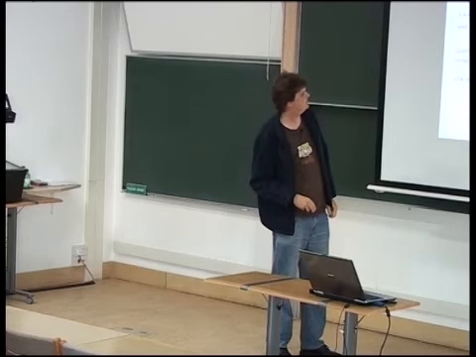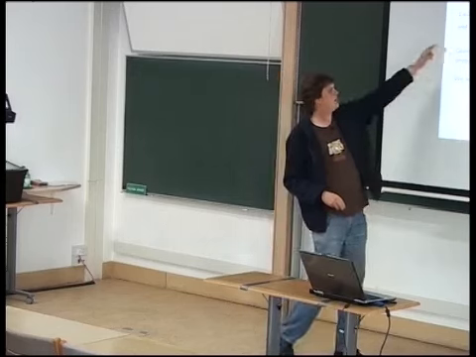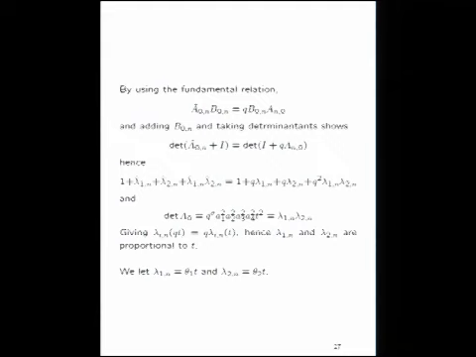So if I look at this fundamental relation and I add B naught, then I take the determinant of that problem, and I have this relation. This relation is expressible in terms of the trace and the determinant. So most of this cancels out, and this determinant of A gives you more clues. It turns out that the eigenvalues must satisfy this equation, so they must be proportional to t.